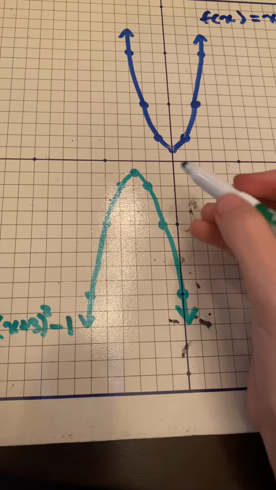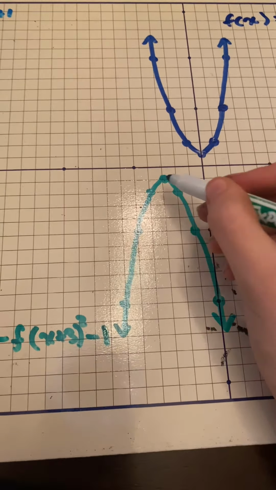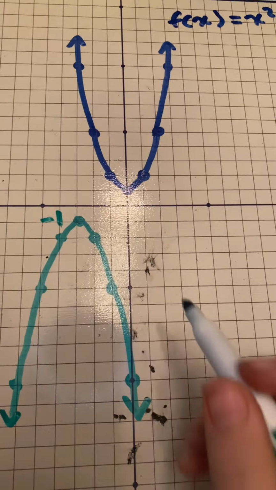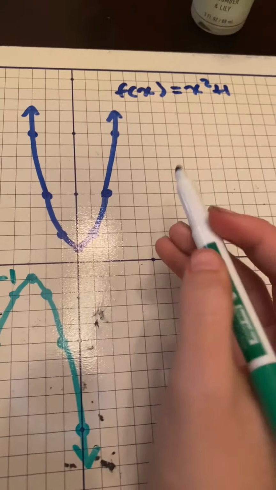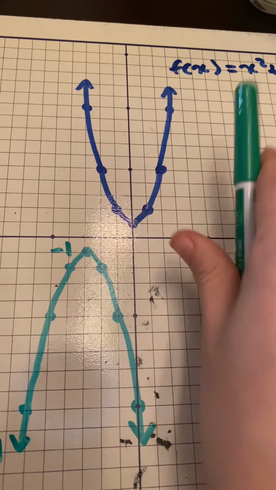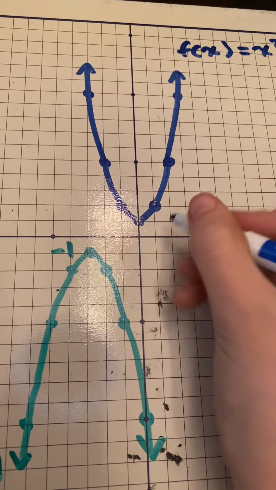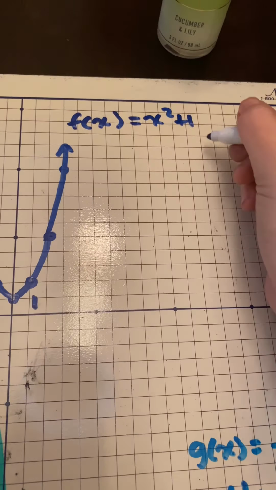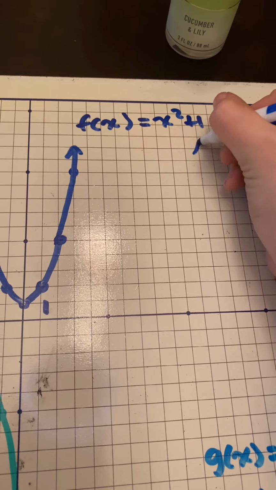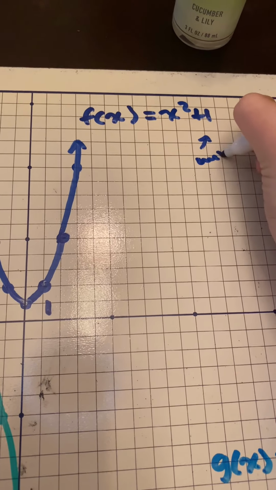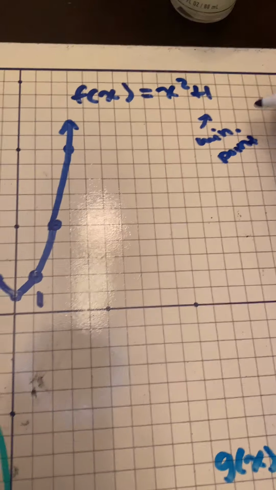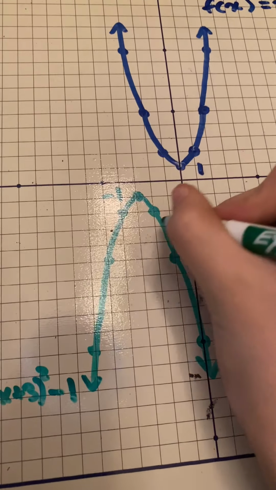So we can see how your maximum point is your negative 1, and here your minimum point is your plus 1. So you can see this is your minimum point, and this is your maximum point, right?